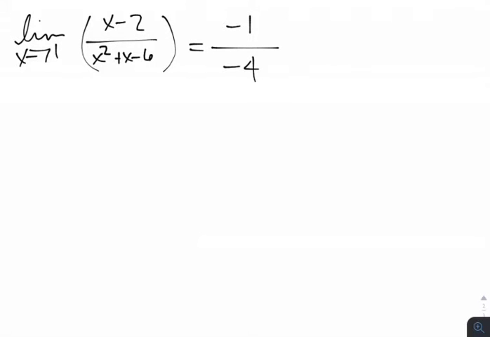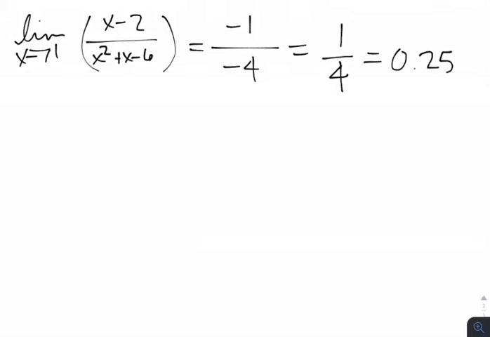So we want to simplify that out, and that comes out to being positive 1 over positive 4, because a negative over a negative is a positive. And that also comes out to 0.25. So the limit as x approaches 1 of x minus 2 over x squared plus x minus 6 is 1/4 or 0.25. So let's go on to another problem.